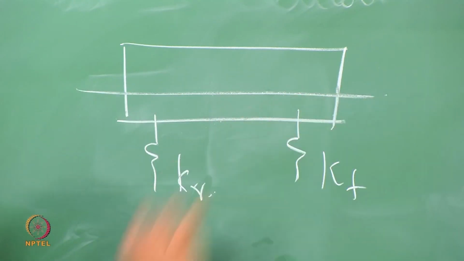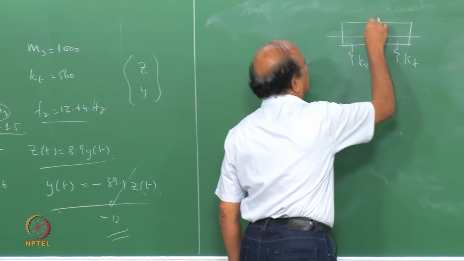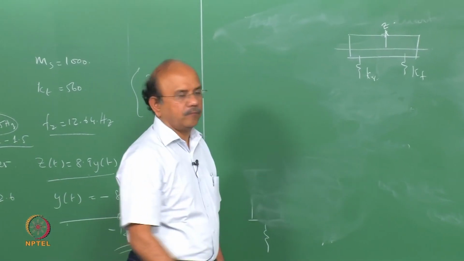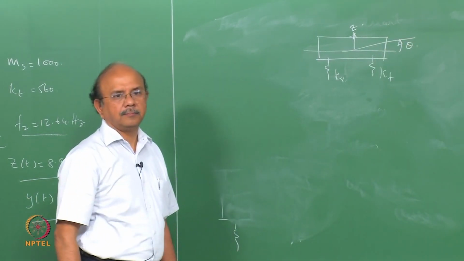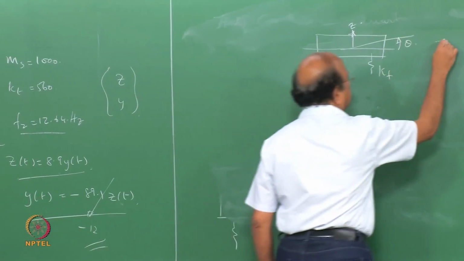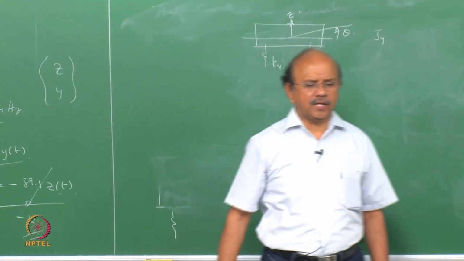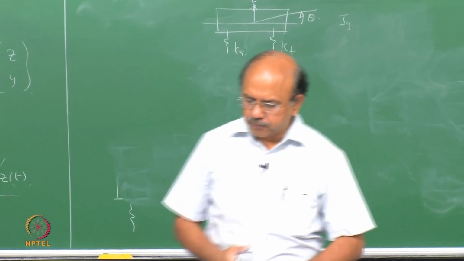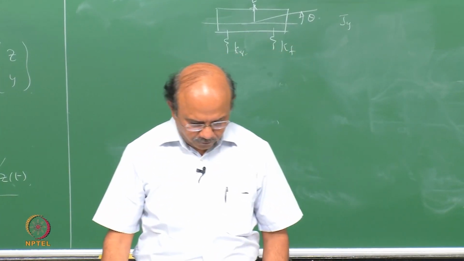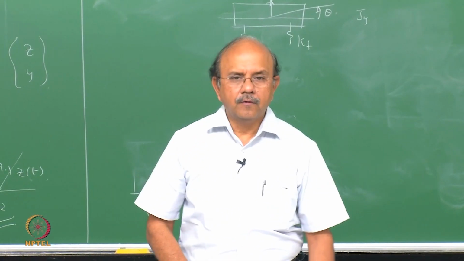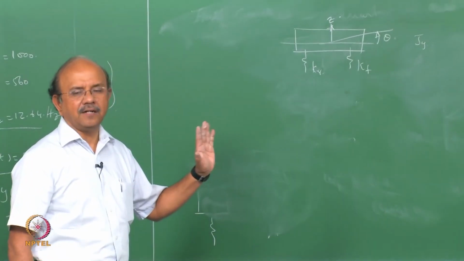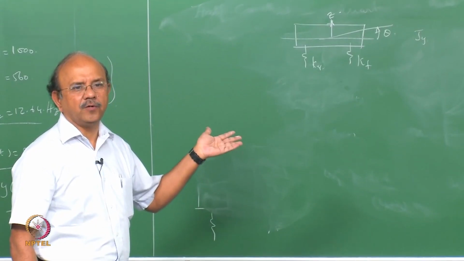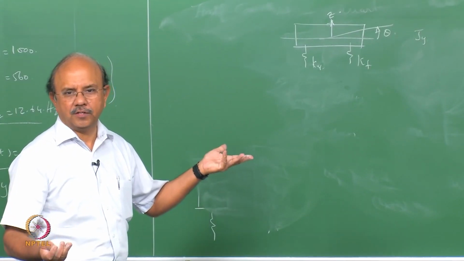Then just consider the displacement here as well as the theta, and call that JY. In other words, what essentially I have done is compress some of them and express this in a very straightforward fashion. Now what I'm going to do is very standard. How many equations am I going to get? I'm going to get 2 differential equations.